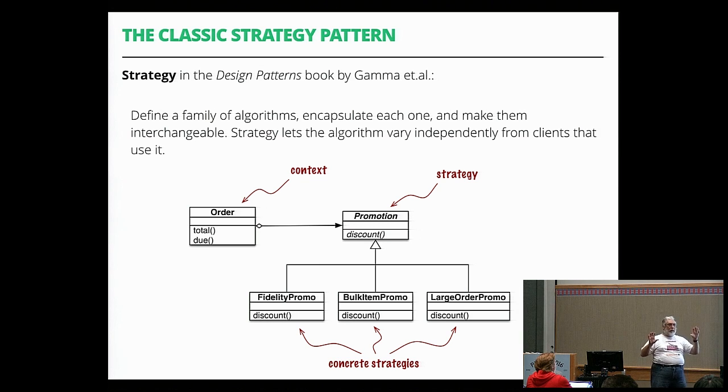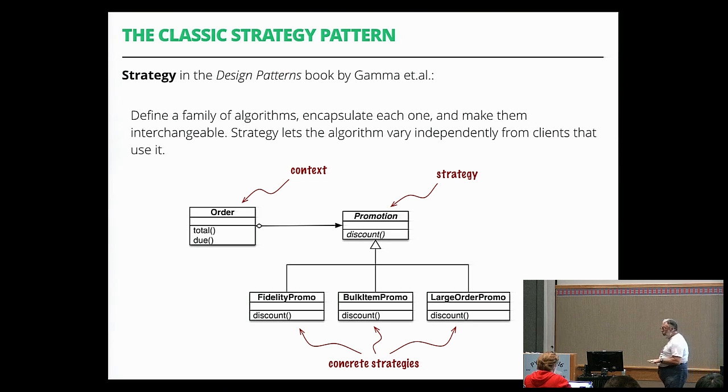So the pattern talks about a certain context, and the context will have a strategy, but the strategy is an abstract class. The italics here means abstract, which is basically just an interface. And then you have concrete implementations of that interface that implement a certain method that is used here.